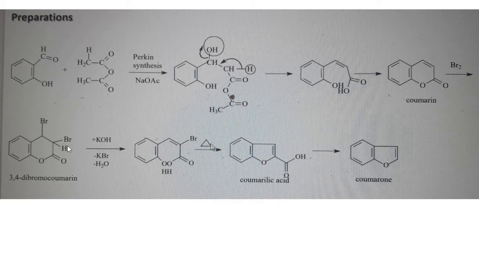You will get the bromine here, and this is the position of 3,4. So 3,4-dibromocoumarin. Then KOH in water, in basic medium, you will get this, and after heating you will get this, after decarboxylation you will get this. So this is one synthetic method of benzofuran.